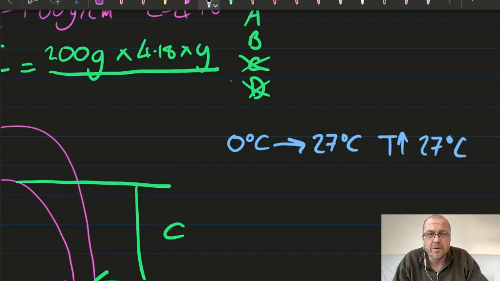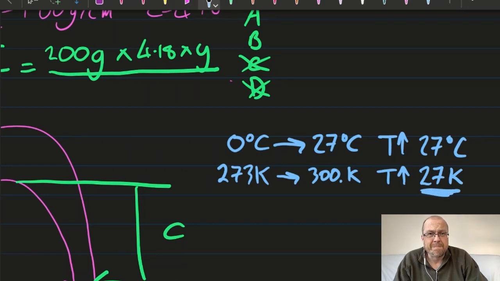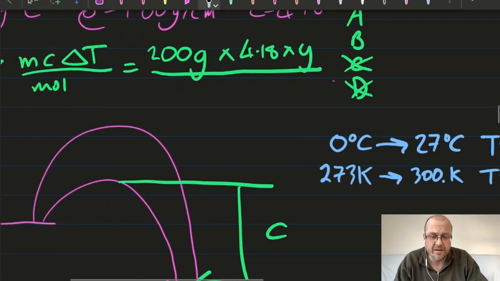What about in Kelvin? They're supposed to be Kelvin, isn't it, all this chemistry? Well, that gives me 273 Kelvin turning to 300 Kelvin. The temperature increase is still 27, except it's Kelvin this time. So since we're looking at the temperature increase, you don't need to add 273 onto that 27. That's how maths works. Okay, back again.